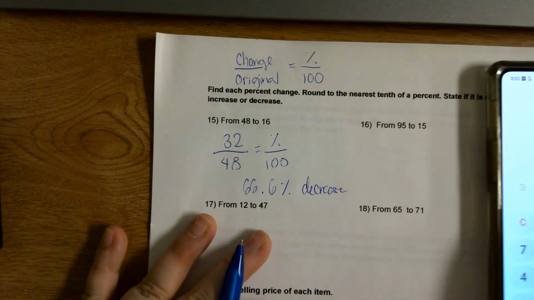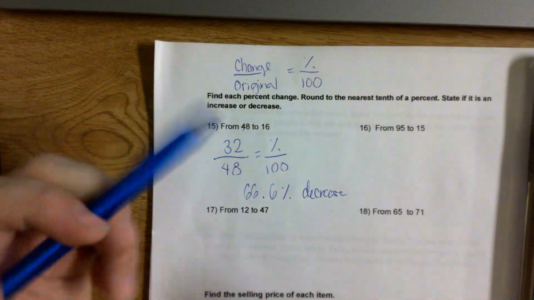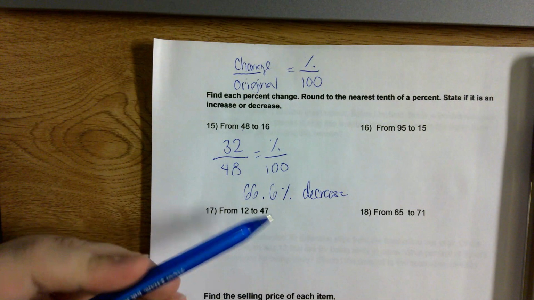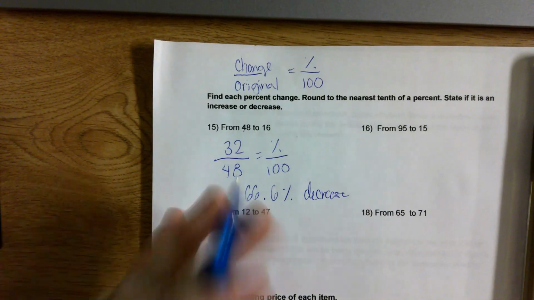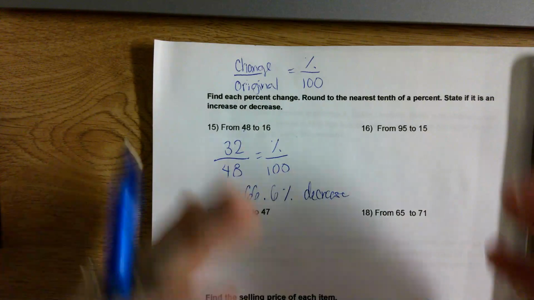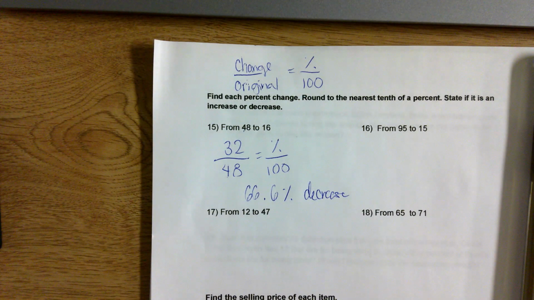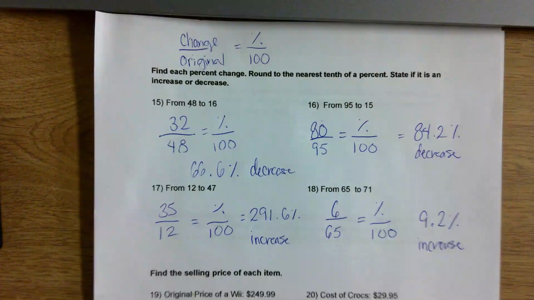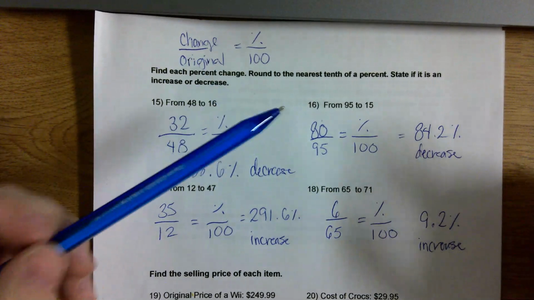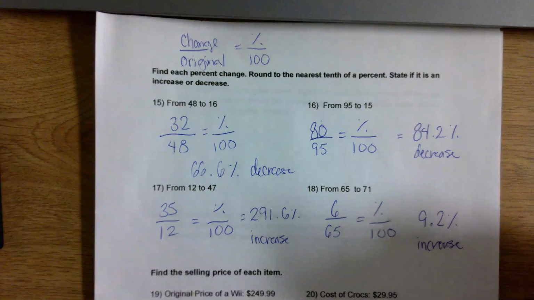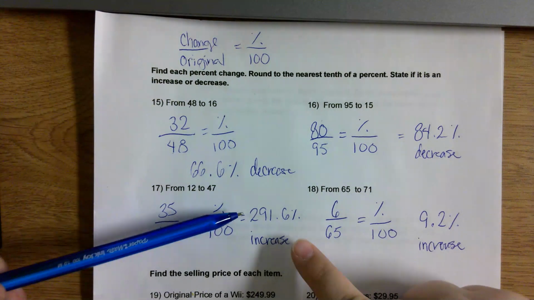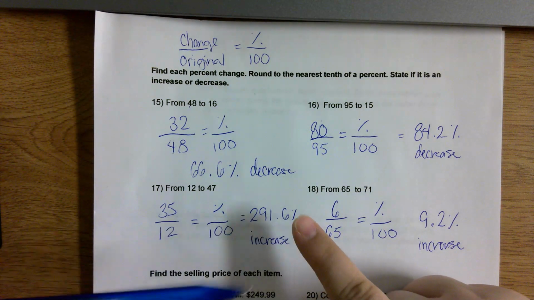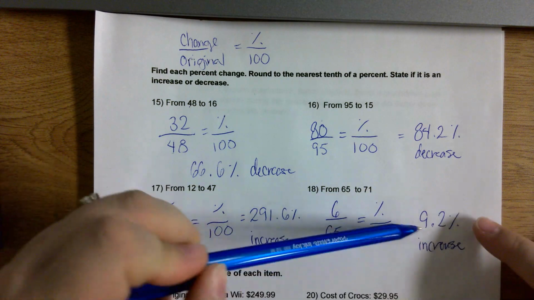All right, each of these is going to be the same. We're looking for the percent. So you can cross multiply and divide, or divide and then multiply it by 100 to get your percent. So I'm going to go through, solve these, you'll check. Sounds good. All right, so we're looking at this. We've got a 66.6% decrease, 84.2% decrease, 291.6% increase, and a 9.2% increase.